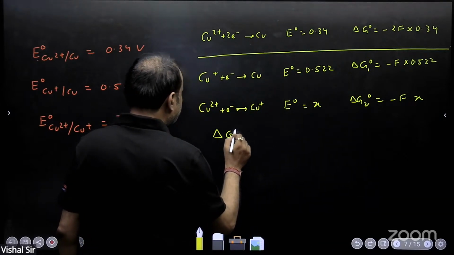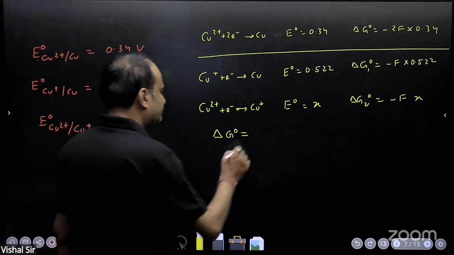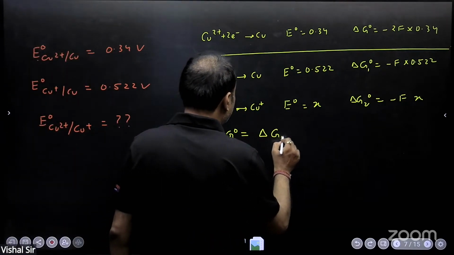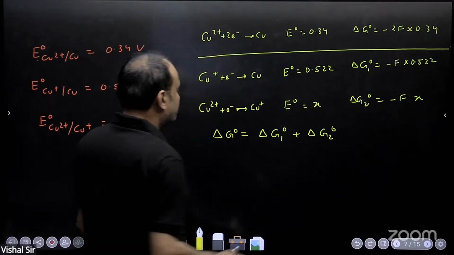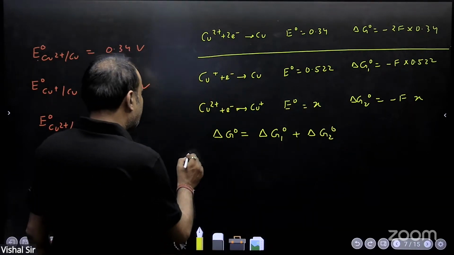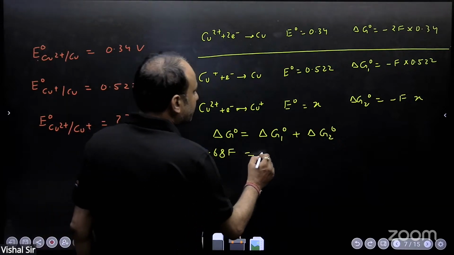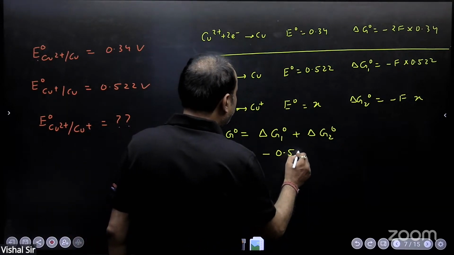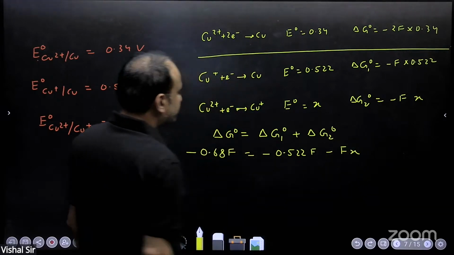So we can see delta G naught will be equal to delta G1 naught plus delta G2 naught. So minus 0.68F is minus 0.522F minus FX.